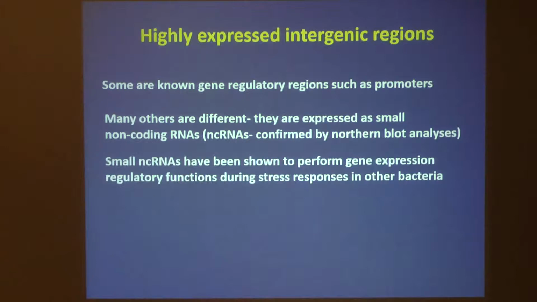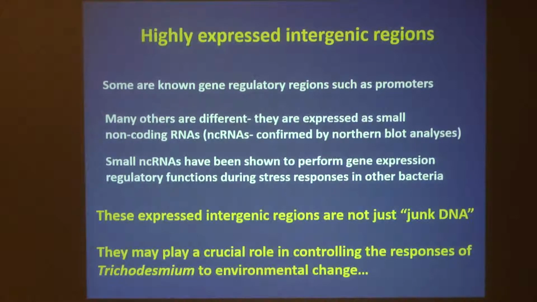And interestingly enough, these non-coding RNAs have been shown to regulate gene expression during stress responses in a lot of other bacteria. So one of the responses to being selected at high CO2 is to upregulate all these non-coding regions.